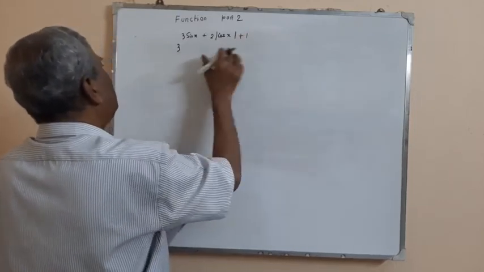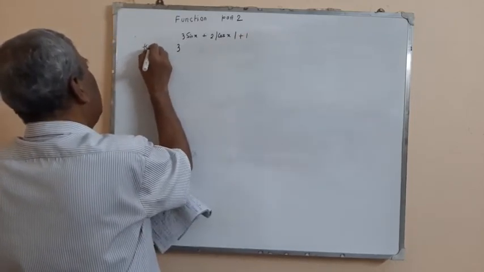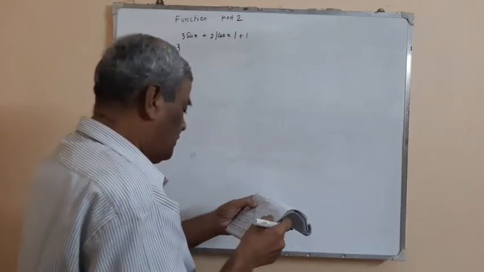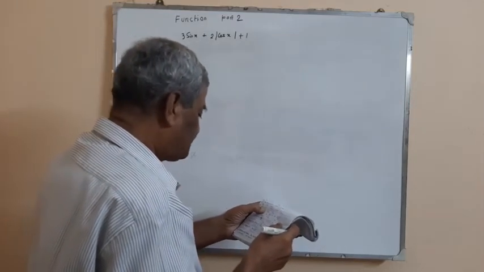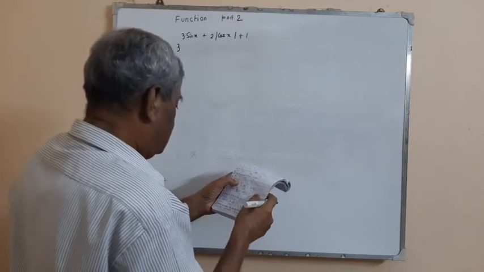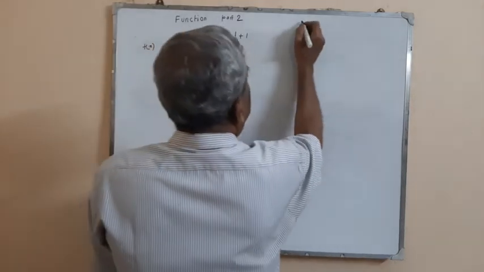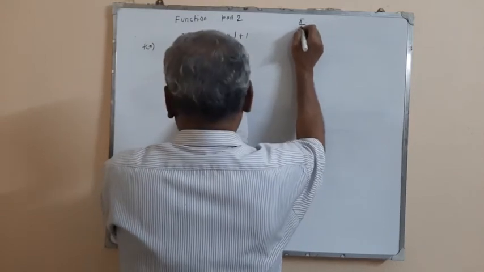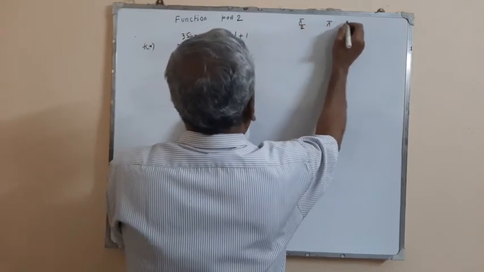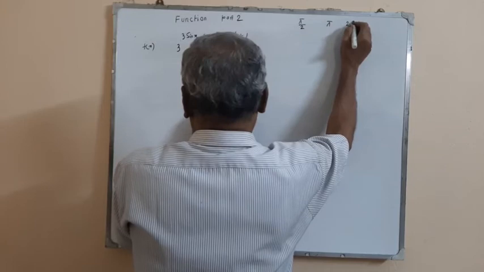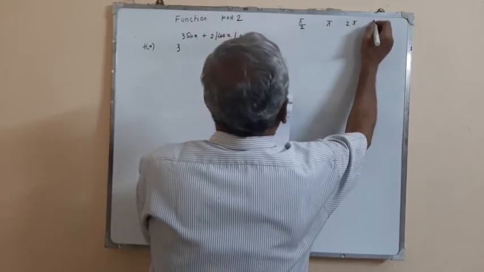The period of that function f(x) is equal to that. So options are pi by 2, pi, 2 pi and 4 pi.